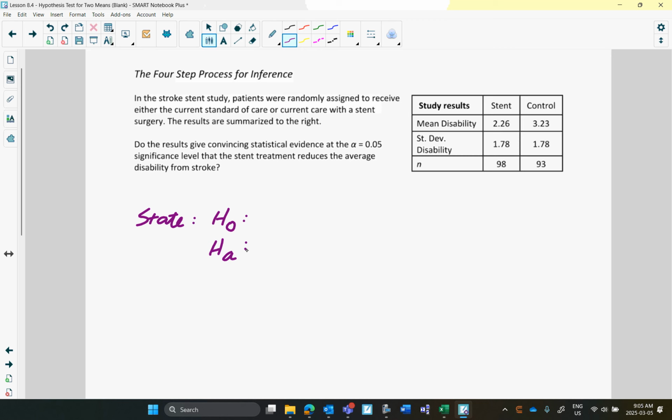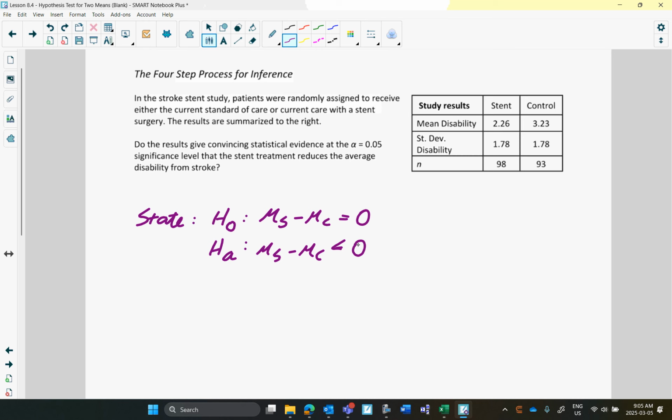So this goes back from the first page, where we can say the difference in the average stent disability score minus the average control group disability score is nothing. No change. The alternative that we're trying to prove, that difference is actually less than 0. If I take the stent average minus the control average, I'll get a negative value, which means the stent works.